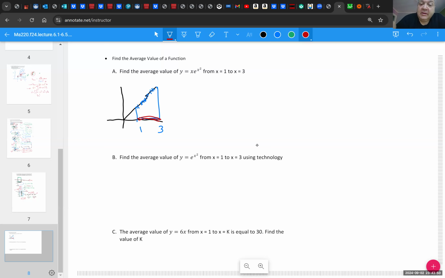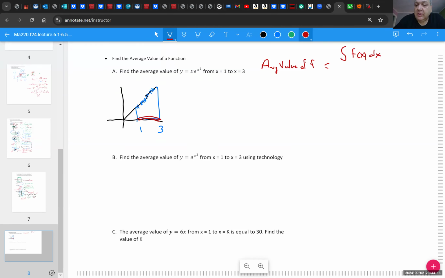So your formula for the average value of a function, well, you have to add up all the y values. Adding all the y values means you take each of those y values and add them up.